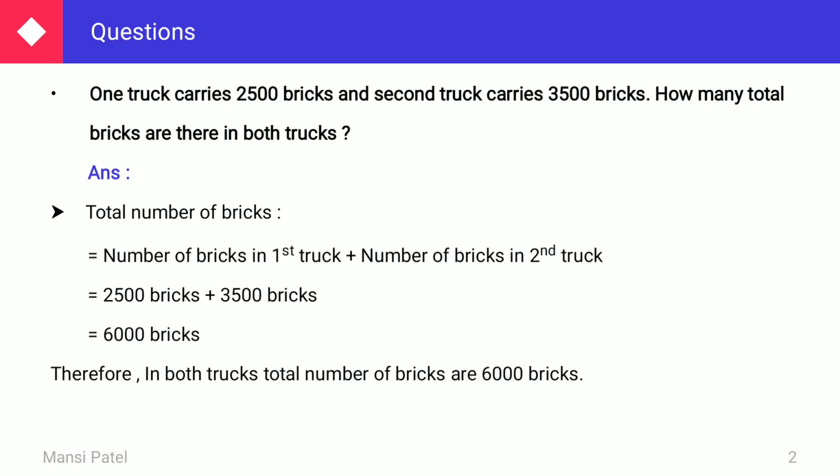Whenever they are asking about the total in the question, at that time you have to add all the quantities. So this total represents addition.